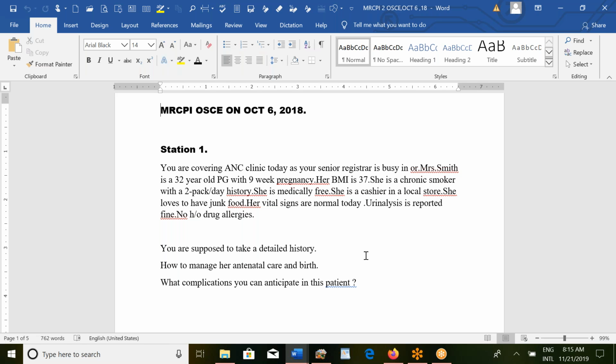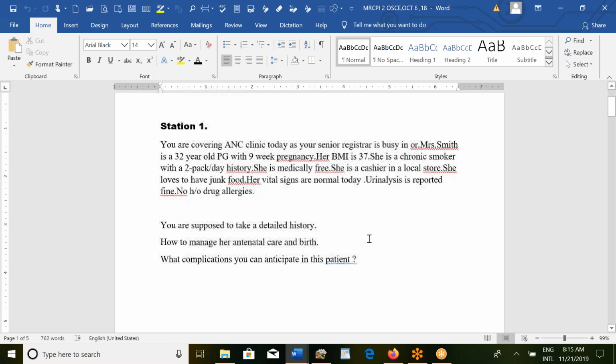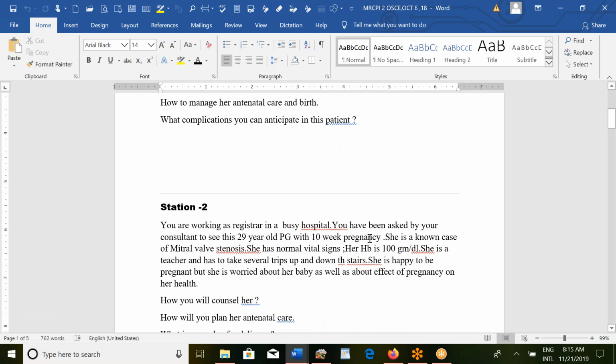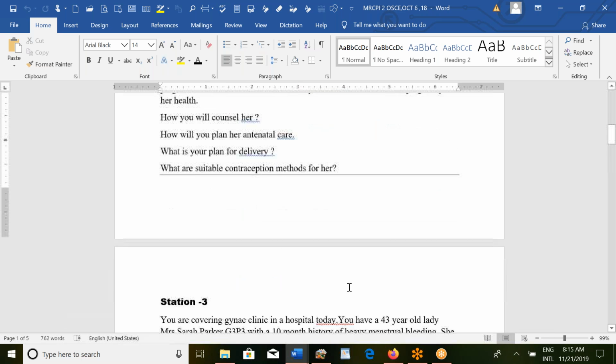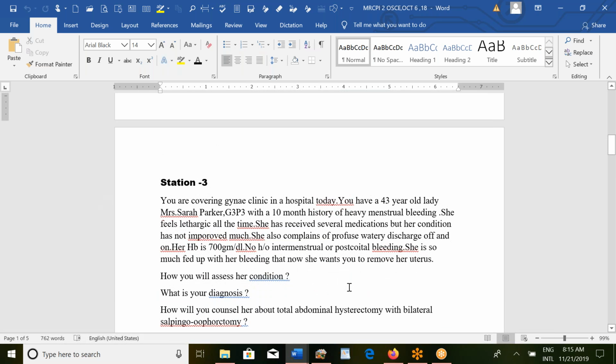So, tell me about the vaccination for cervical cancer. HPV vaccination should be started at the age of 9 to 12 years, first dose. We have the quadrivalent and bivalent. Gardasil is quadrivalent, and the bivalent we have is Cervarix, which is 16 and 18.